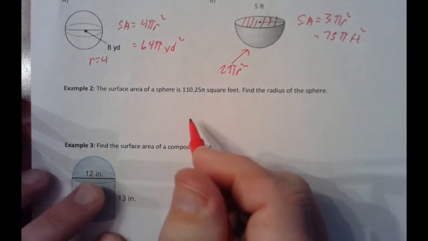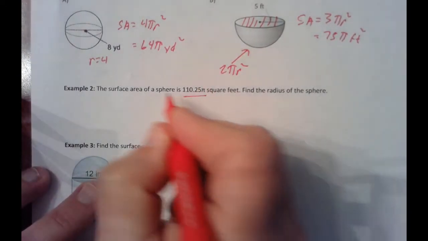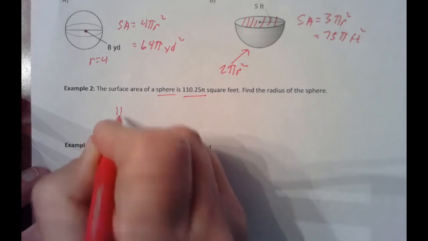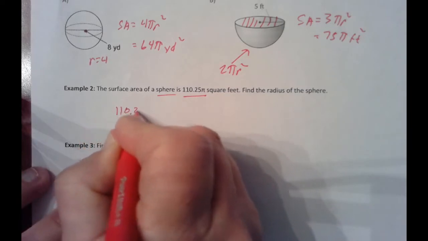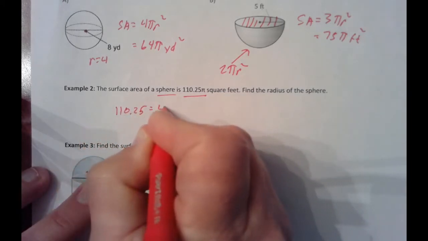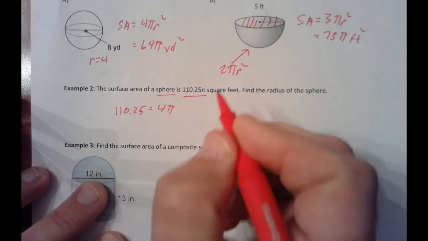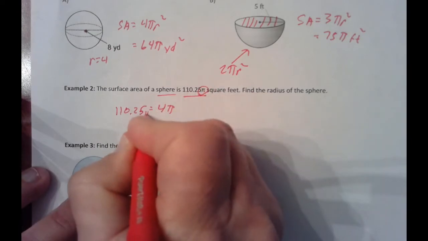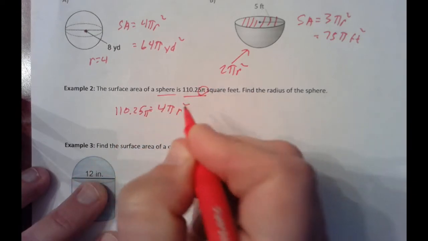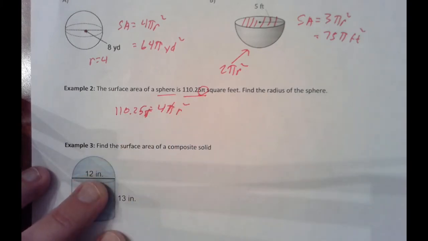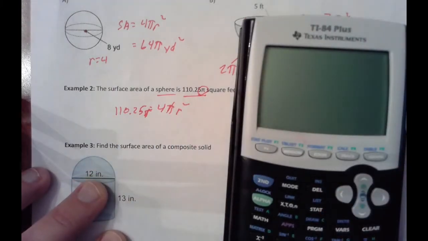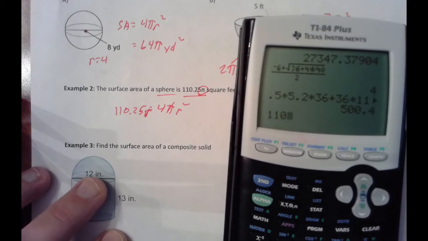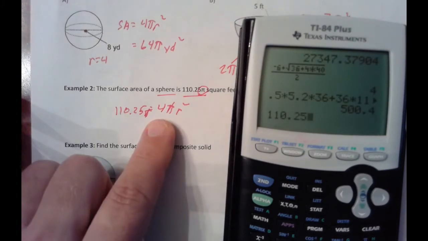Alright, now we're working backwards. So they're going to give us the surface area of a sphere. So then I know that 110.25 has to be equal to 4 pi r squared. Oh, and there is a pi in there. So I can divide the pi's off. So I'm going to take my 110.25 and I've got to divide by 4.